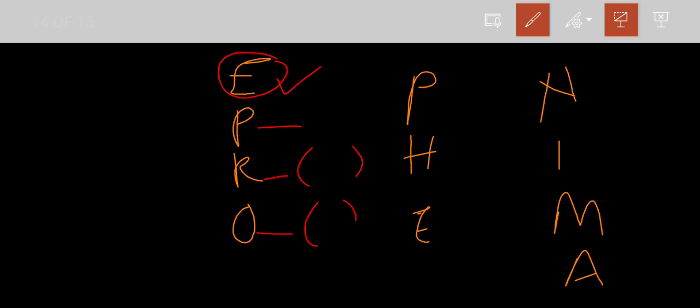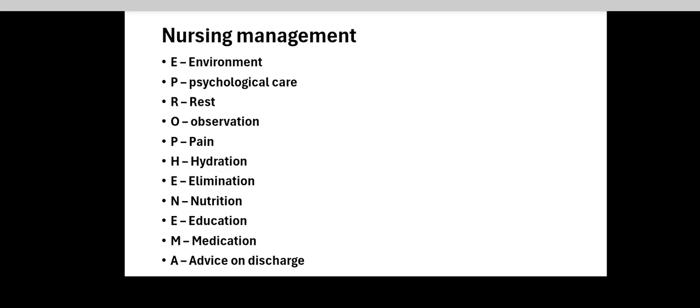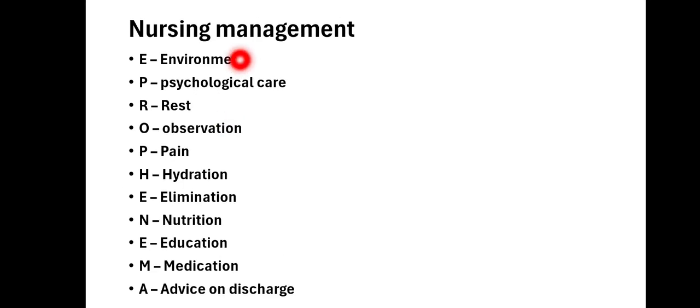Okay, so this is the approach. I just wanted to demonstrate how it goes. The rest here are environment, psychological care, rest, observation, pain, hydration, elimination, nutrition, education, medication, advice on discharge. So you just simply explain at least 3 to 4 points on each parameter.